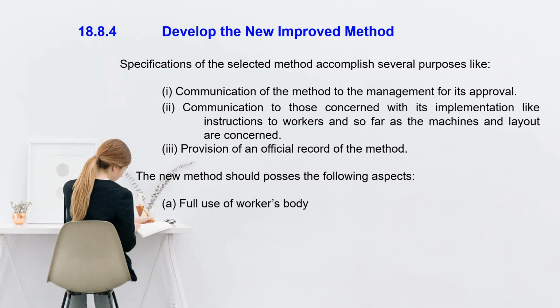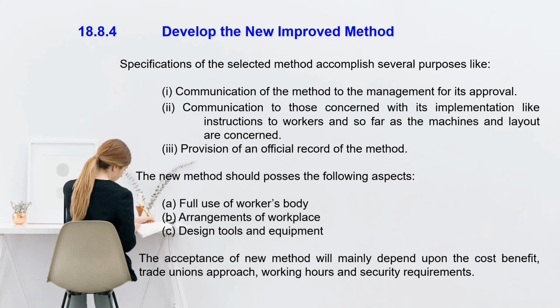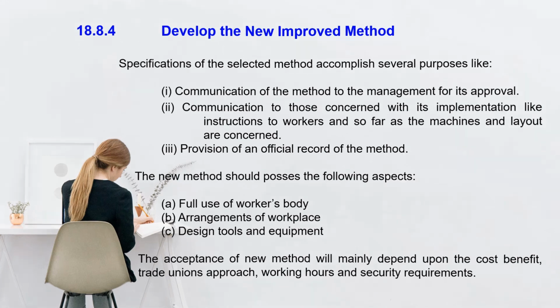The new method should possess the following aspects: full use of the worker's body, arrangement of workplace, design of tools and equipment. The acceptance of the new method will mainly depend on the cost-benefit, trade unions' approach, working hours, and security requirements.